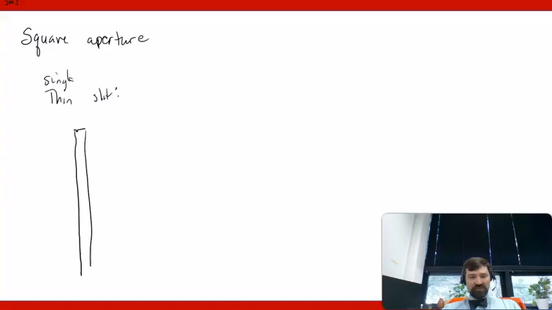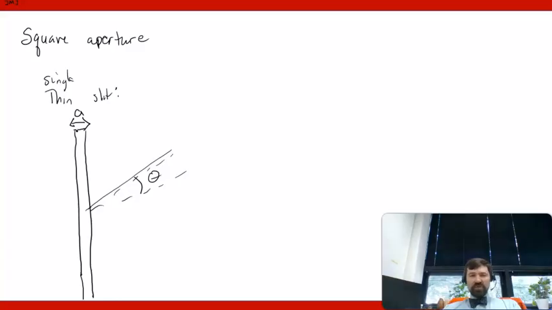So you'd end up with something somewhat like this, where this right here might be the slit width a. And the pattern then, if I had a screen somewhere over here, is being swept out in this horizontal direction, theta. So basically in the same orientation as the slit itself.